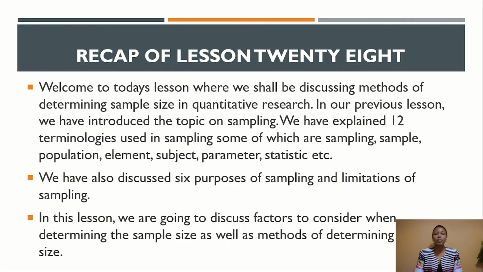A sample is the subset of the population. A population is the characteristic that is of interest to the researcher. We also explained what an element, a subject, a parameter, a statistic are. We discussed 6 purposes of sampling, and we completed the lesson by discussing the limitations of sampling.